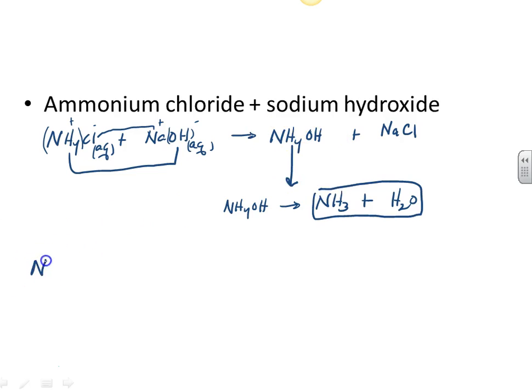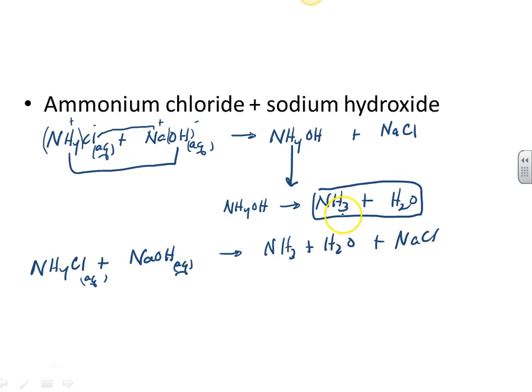So that gives us NH4Cl plus NaOH, aqueous and aqueous, yields NH3 plus H2O plus NaCl.